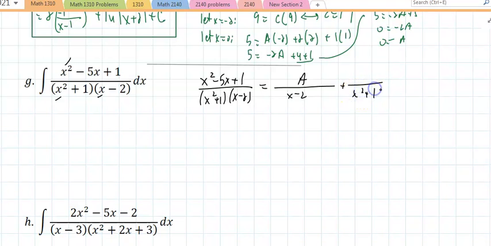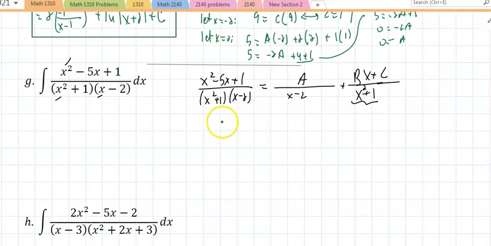X squared plus 1, this is not linear, and I can't write it as the product of linear factors. This is quadratic. To make this a proper fraction, what's 1 power less than quadratic? Linear. A linear expression is Bx plus C. Quadratic is Bx squared plus Cx plus D.